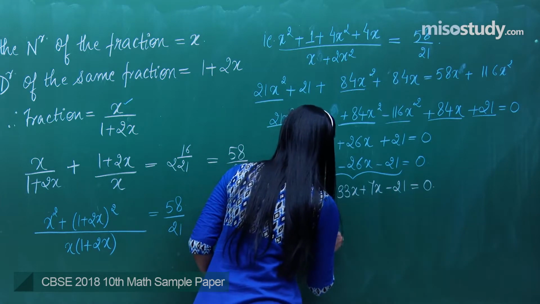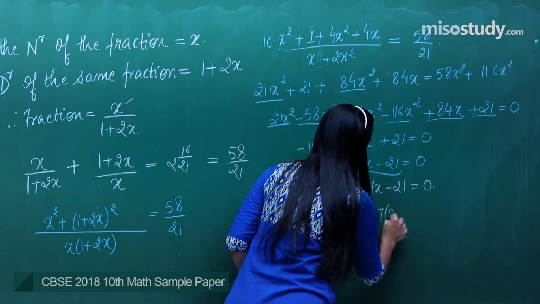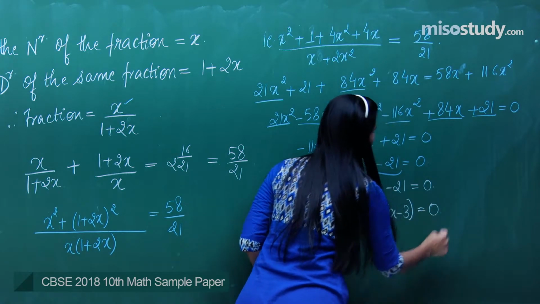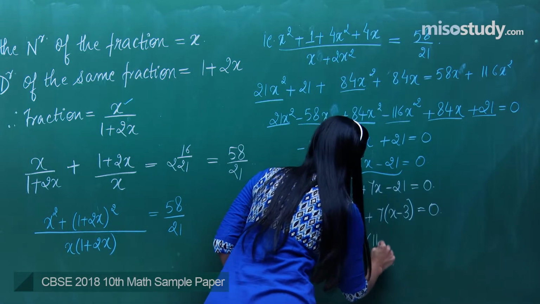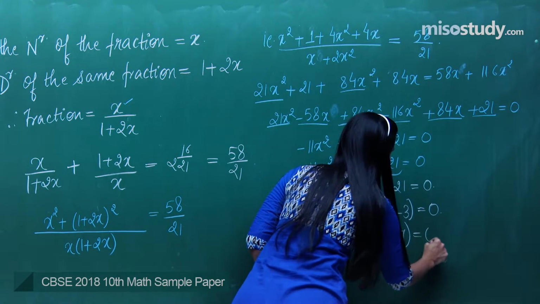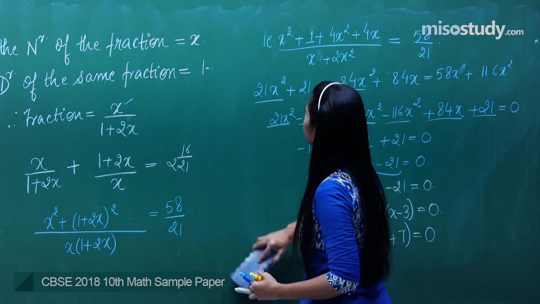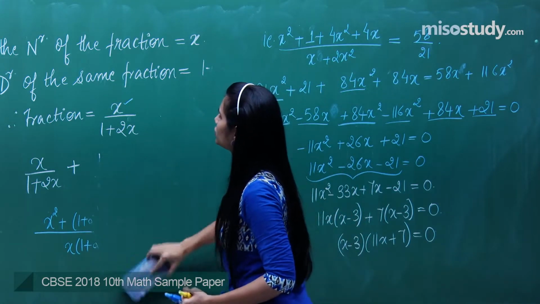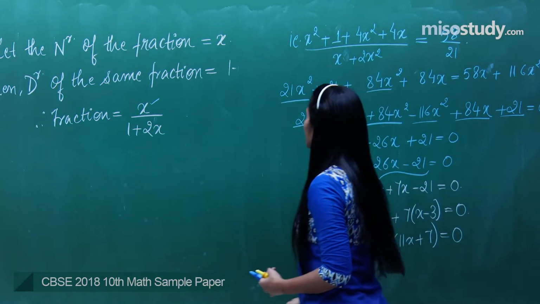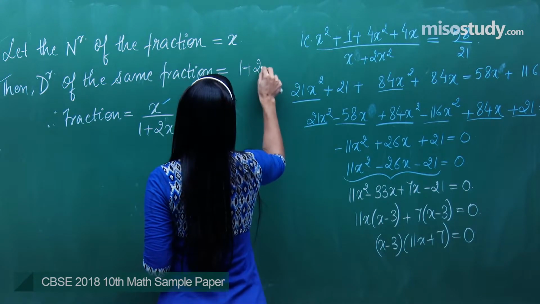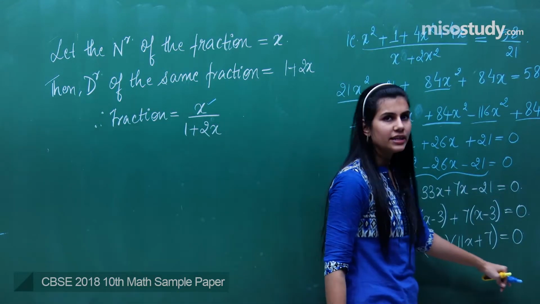You will have 11x common. You have (x minus 3) plus 7(x minus 3). Collect the like factors. You have (x minus 3)(11x plus 7) is 0, and the moment you have this much with you, what is the next thing that you can do? You have (x minus 3) into (11x plus 7) equals 0.